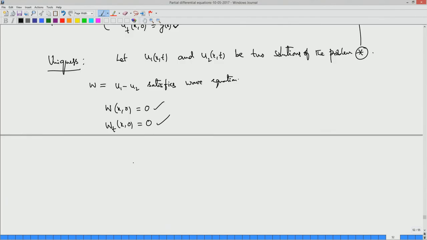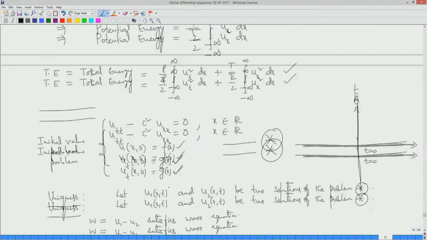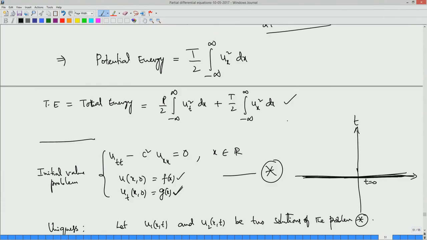Now, I consider my energy function. Let us define E_w(t). I define for all times what my energy is.